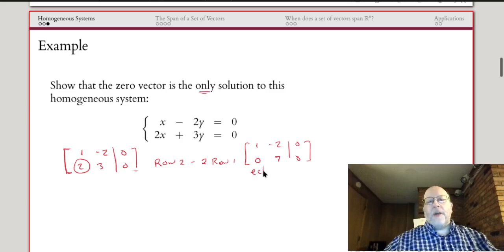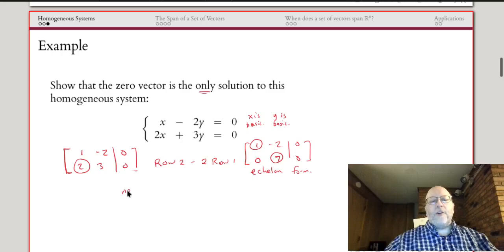This is in echelon form, and I have a leading entry in the first column, so x is not free, so x is basic. And I have a leading entry in the second column, so y is also basic.